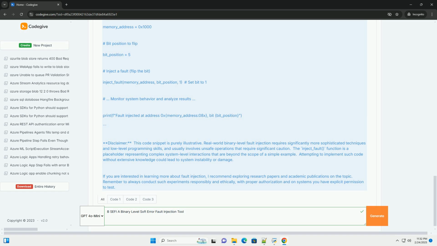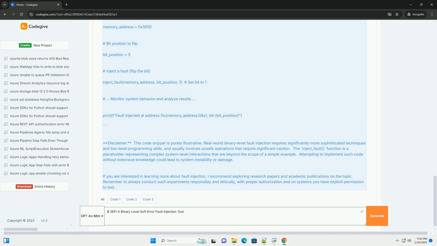This could involve using a debugger, kernel modules, or specialized hardware interfaces. 3. Fault model, choose the type of fault to inject, for example single bit flip, multiple bit flips, data corruption. 4. Injection point selection, identify the specific memory location, register, or instruction to inject the fault.